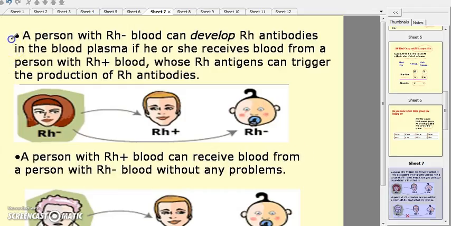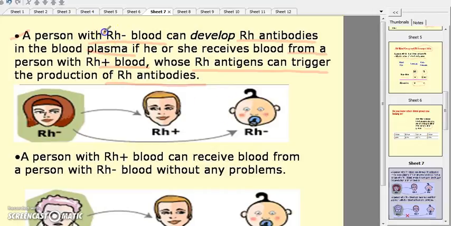So a person with Rh negative blood can develop Rh antibodies in the blood plasma if he or she receives blood from a person with Rh positive blood, whose Rh antigens can trigger the production of Rh antibodies.